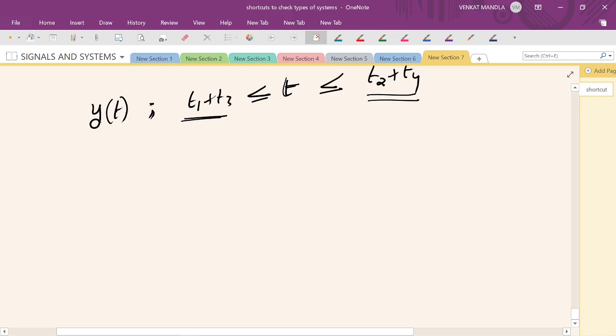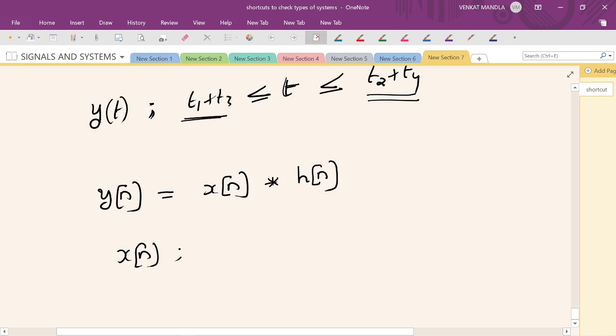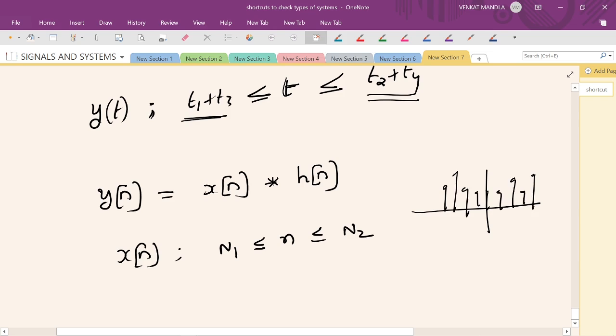Similarly, for the discrete time case, suppose y of n equals x of n convolved with h of n. If x of n exists between n1 less than or equal to n less than or equal to n2, suppose the signal is like this, a discrete time signal, with n1 and n2, and let us say h of n exists from n3 to n4.